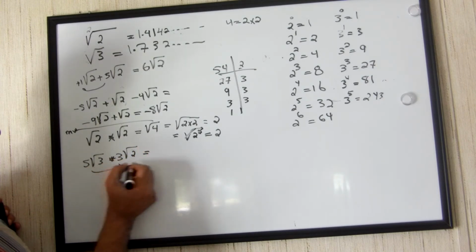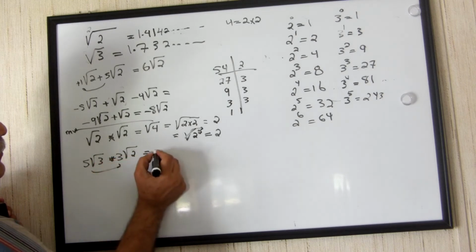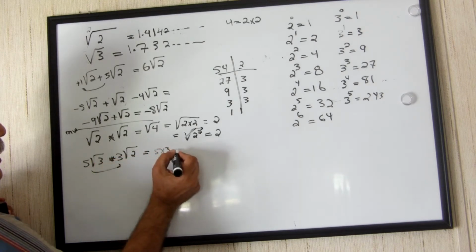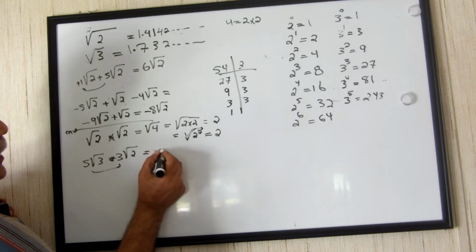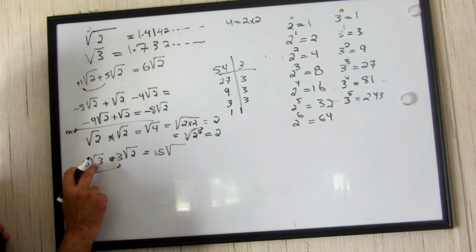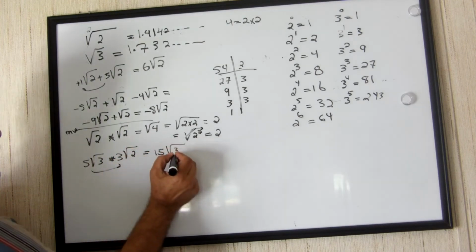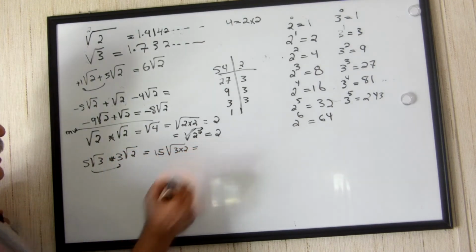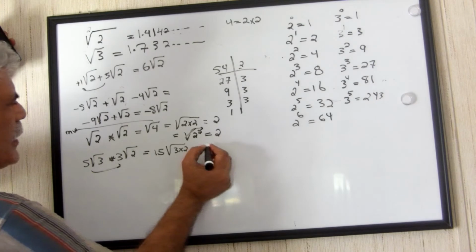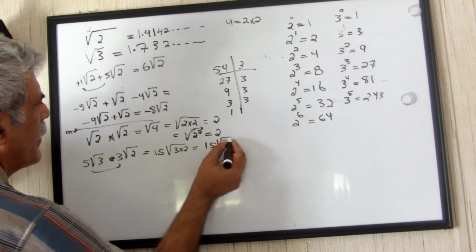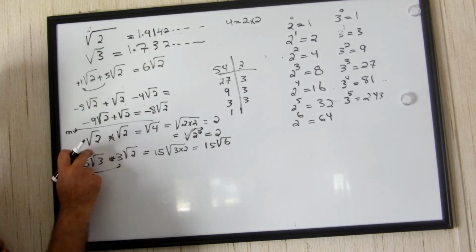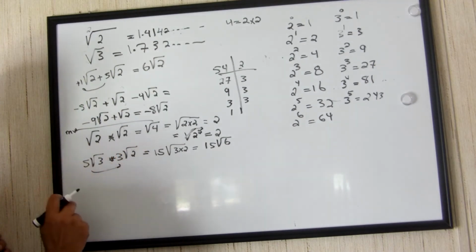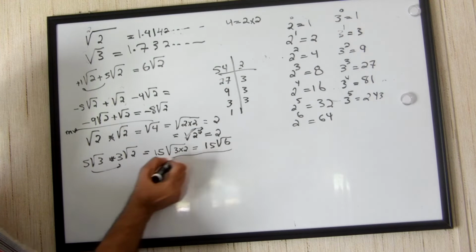We multiply the coefficients together: 5 times 3 is going to be 15. And then we could write it like this: 15 square root of 6, because the indexes are the same. Both are a square root.